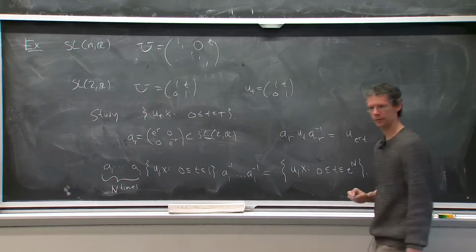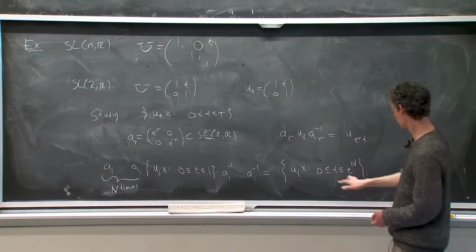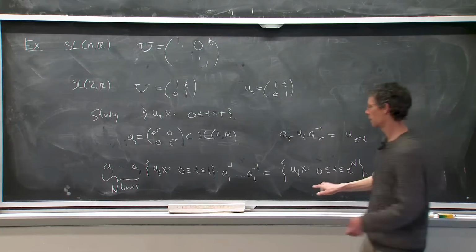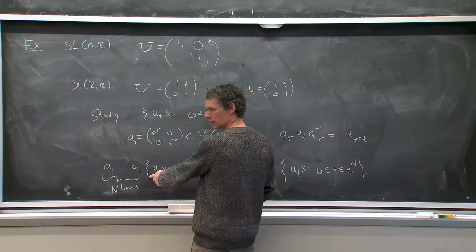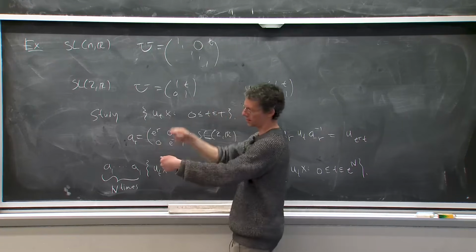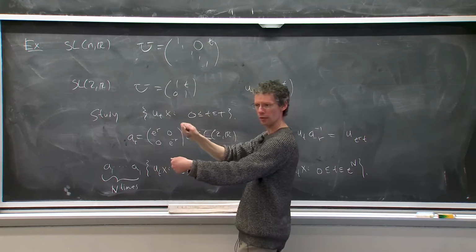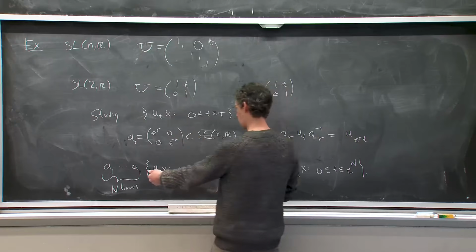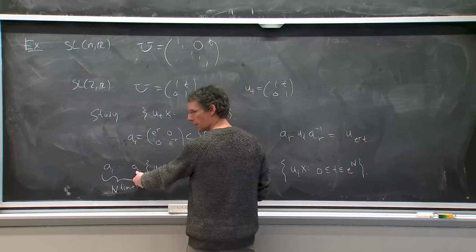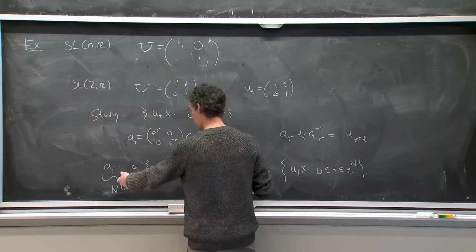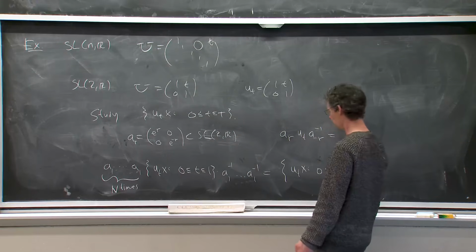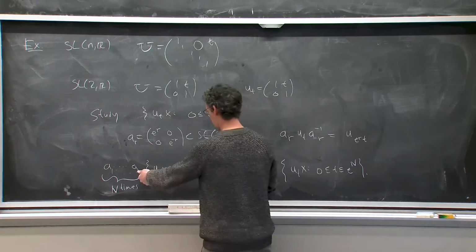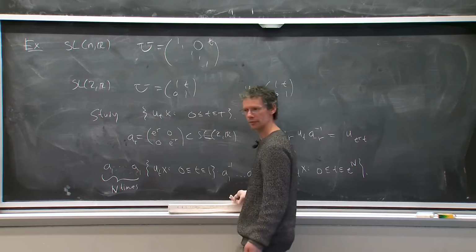So in other words, in order to study this thing, I start with that, which is quite innocent looking. That's just like a nice segment that I can draw in my manifold. And then I do this operation of conjugating by a, and I keep conjugating by a, and eventually I get this thing. So to understand this thing, it's important to understand what happens when we conjugate by a.